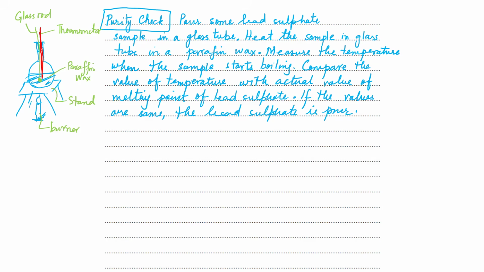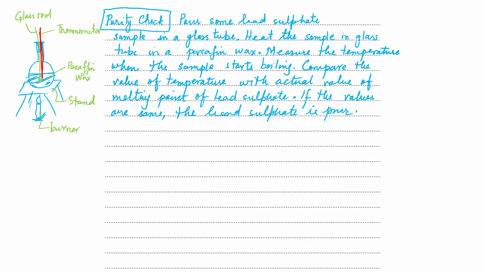Okay. So for purity check, you need to have this melting point measurement setup. And this is a conventional way to measure the melting point of any solid or solid in its powdered form. And you just heat that solid in the presence of high melting point liquid. And in this case, we have paraffin wax. We have a thermometer as well over there.